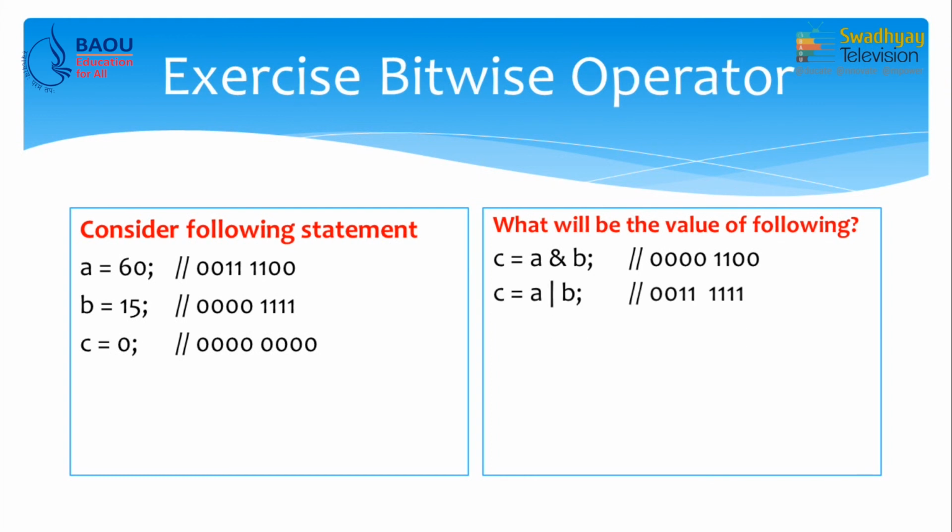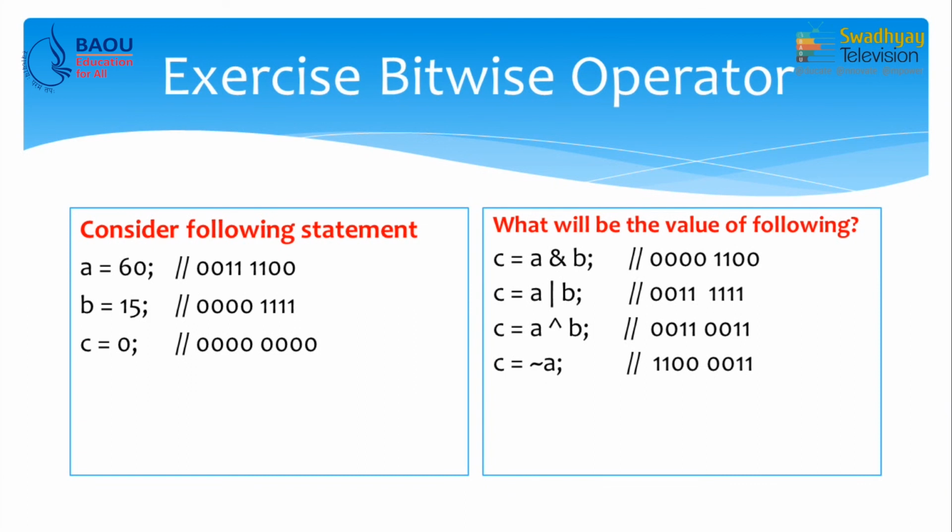Suppose I want to perform the OR operation. Anywhere we have 0 and 1, or 1 and 1, we will get 1, as shown on screen, and you can again verify it from the truth table that we have discussed. When we perform exclusive OR, if both digits are 1 or both digits are 0, then we have 0, otherwise we have 1.